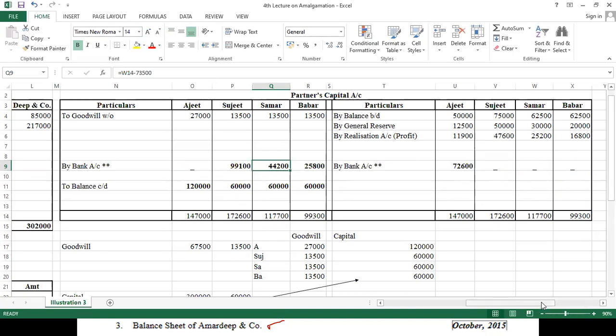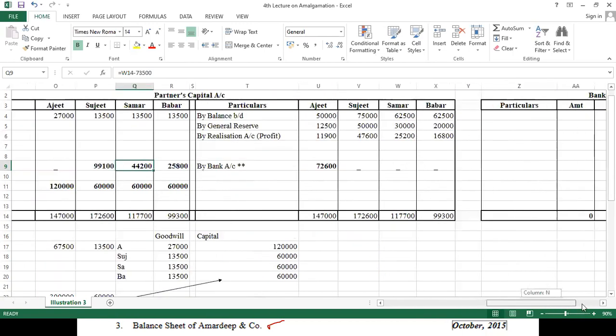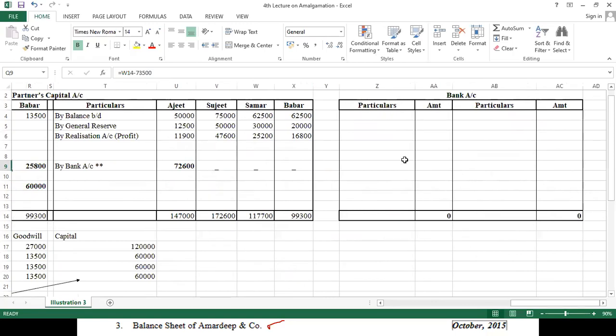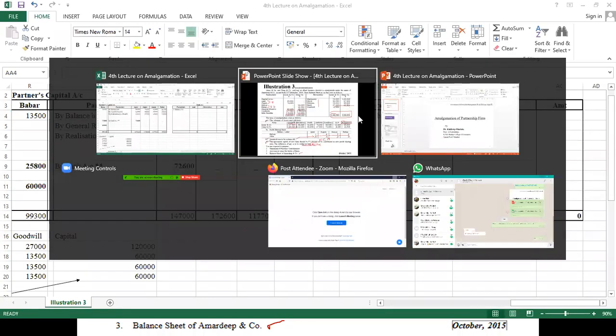ठीक है. अब हमको क्या करना है बेटा, सबसे पहले we have to make a bank account. ये एक नया चीज है। Bank account always have a debit balance, so to balance. अच्छा, जरूरी नहीं हमेशा debit balance हो, bank overdraft भी हो सकता है, brought down, लेकिन हमारे यहाँ पे debit balance है। कैसे पता लगा?